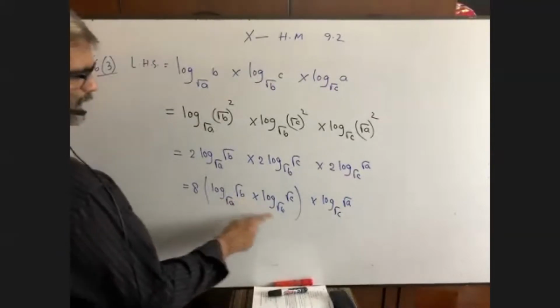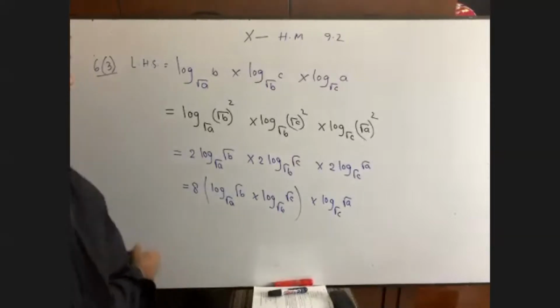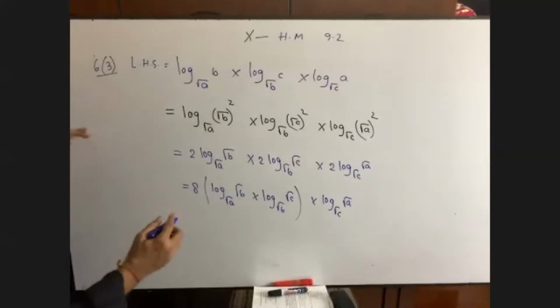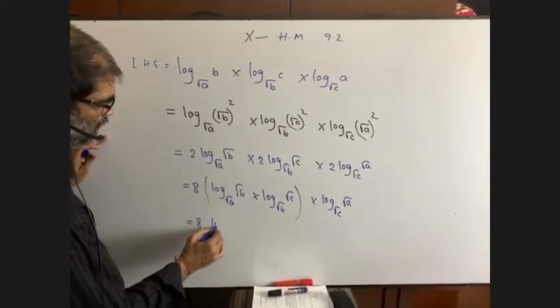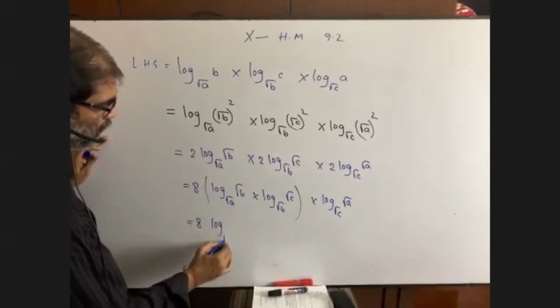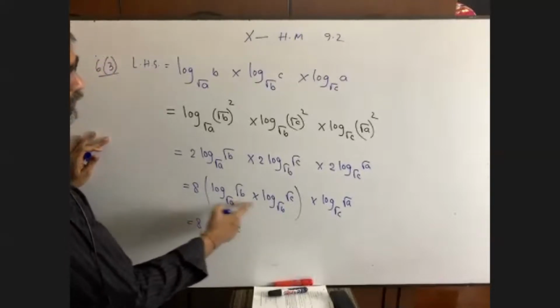Here root B, it is root B. Have you seen? Root over B, root over B. So you know what is the formula here? Who can tell me? We can write here log root A root C. This root B will be omitted.